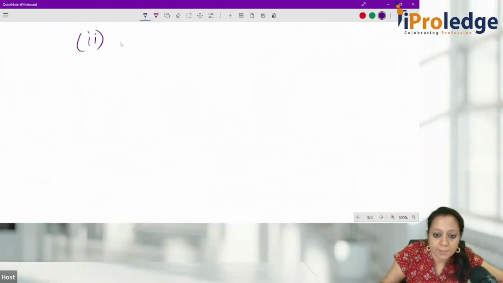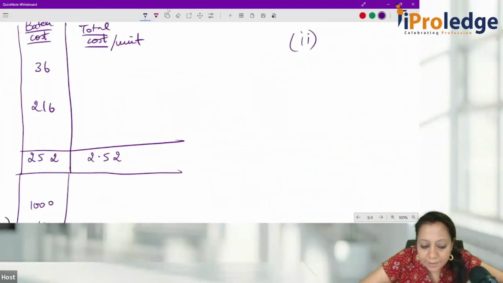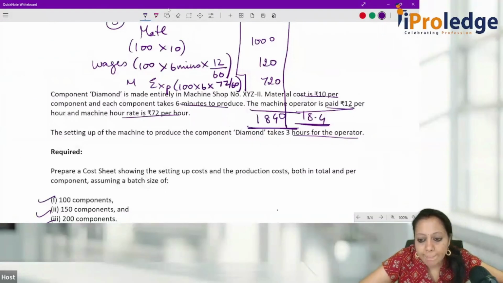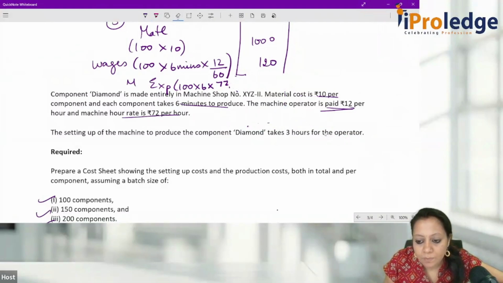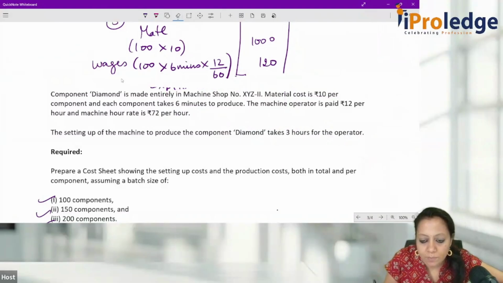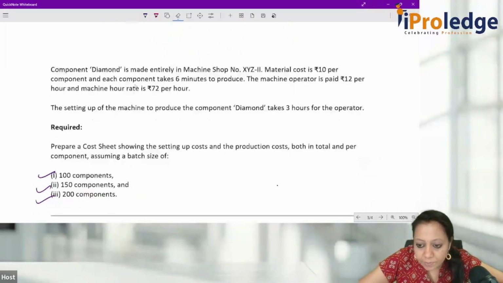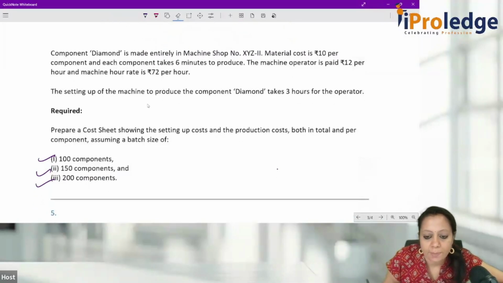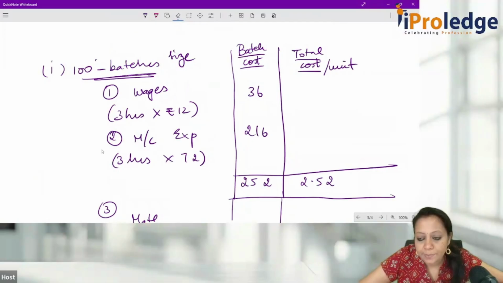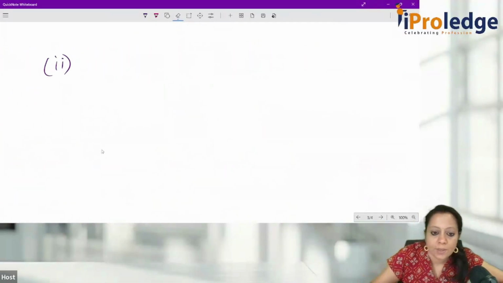Now the second one, I'll just erase everything here. Setup cost is also given and other cost is also given. So for 150 components, that also we will do. So batch size is equal to 150.